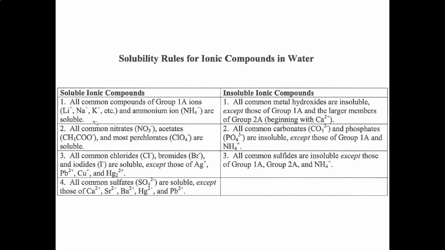So if you form something that starts with one of these metals or starts with ammonium, no matter what it ends with, no matter what its anion is, its nonmetal, it's going to be soluble in water.